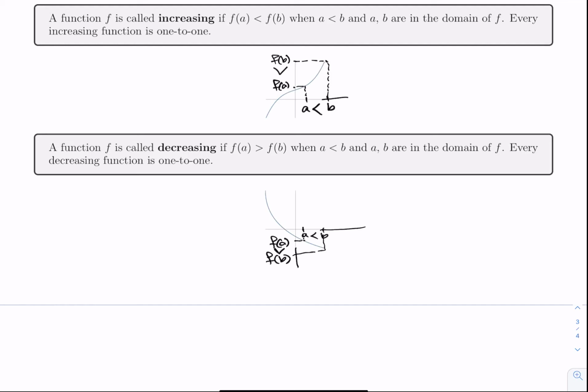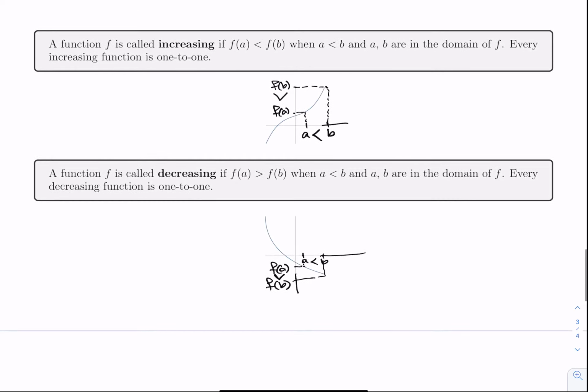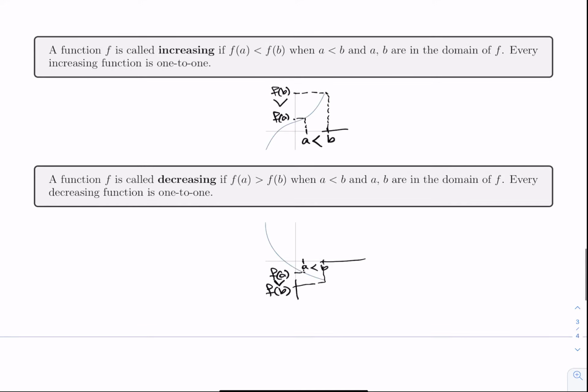This will guarantee that as you increase the x values, the value of f, or the y value, will get smaller and smaller. So it will be a decreasing function. You will revisit the idea of increasing and decreasing functions in Calculus 1, but for the time being, just the basic introduction will be sufficient.